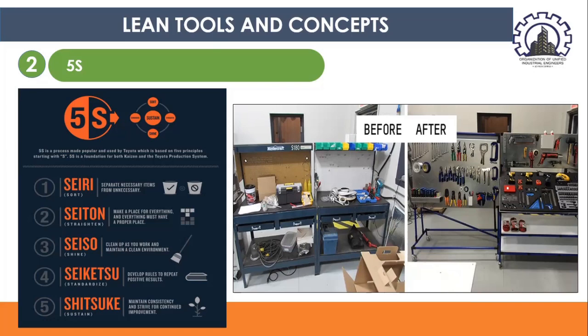And if we say Seiso or shine, it means cleaning up as you work and maintain a clean environment. If we say Seiketsu or standardize, we need to develop rules to repeat positive results. And finally, if we say Shitsuke or sustain, it means maintain consistency and strive for continued improvement.